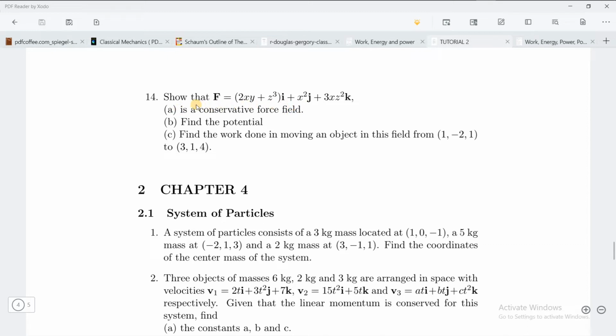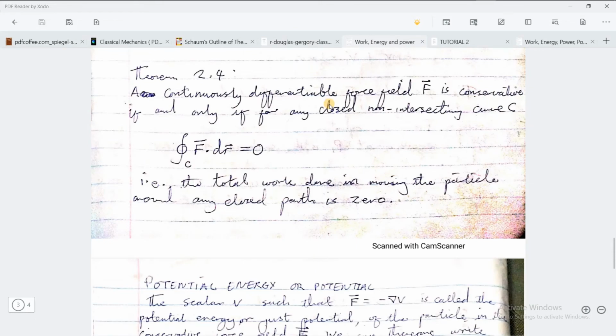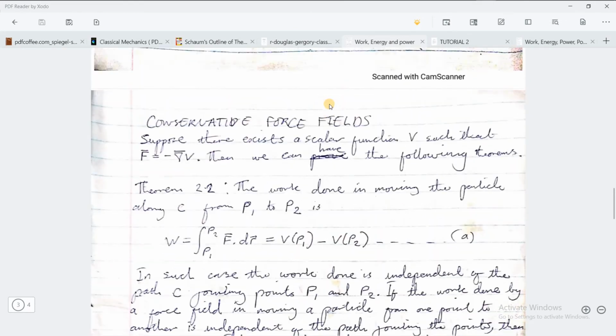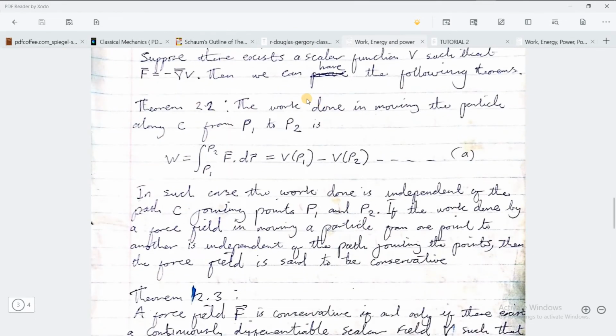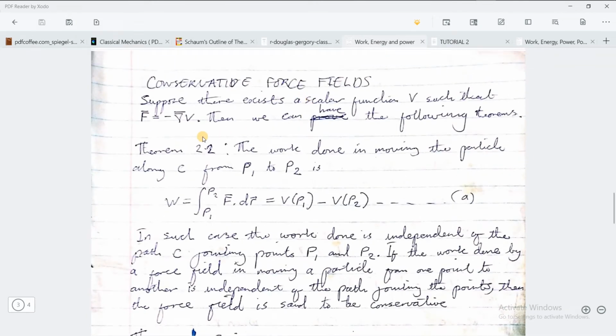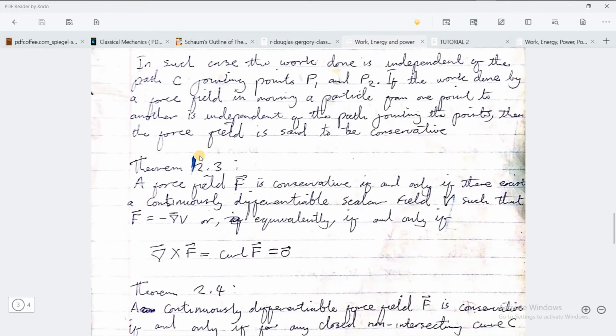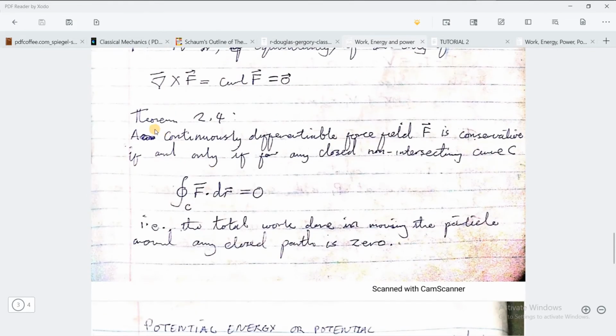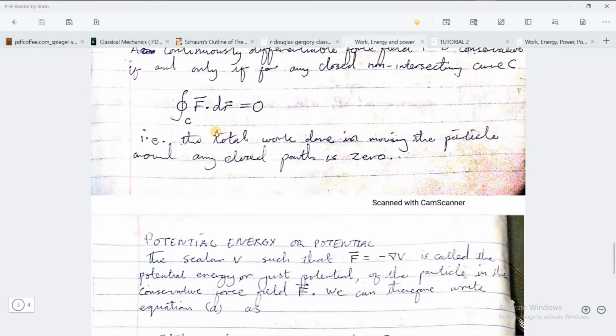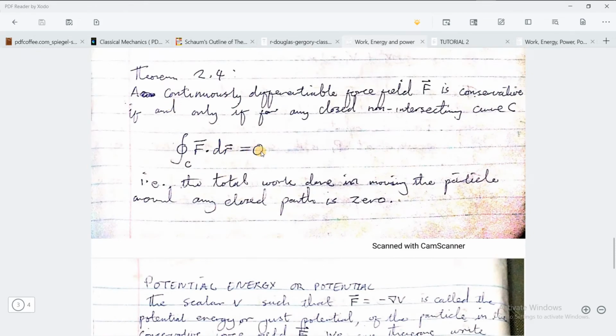You remember the definition for a conservative force field? Let me just show you something back here. One of the definitions, it had how many definitions? It had 3. There was this, there was this, and there was this. All these are theorems proving that something is conservative.